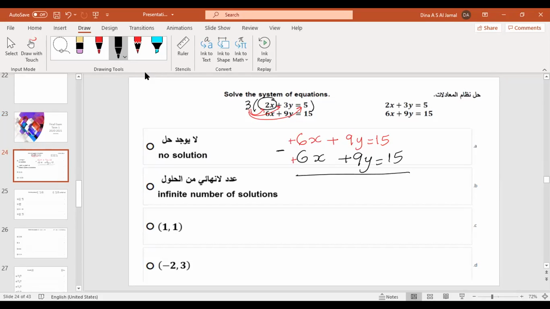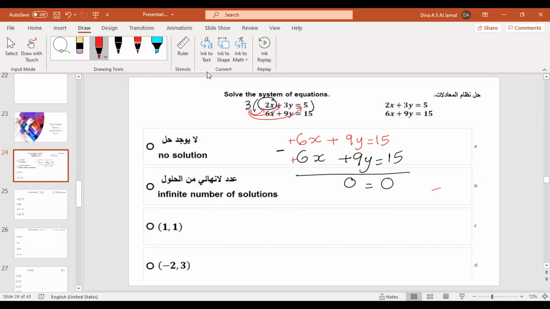Whenever you would like to eliminate the variable, 6x minus 6x will give you 0, 9y minus 9y will give you 0, and 15 minus 15 will give you 0. So that's the special case when you have 0 is equal to 0.